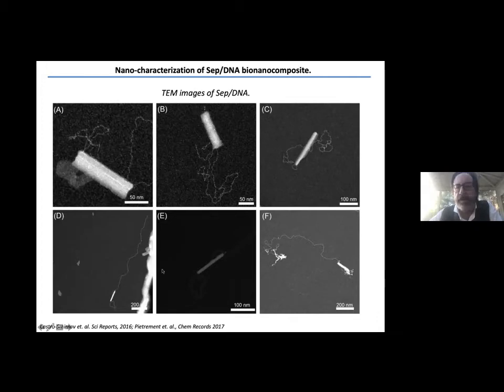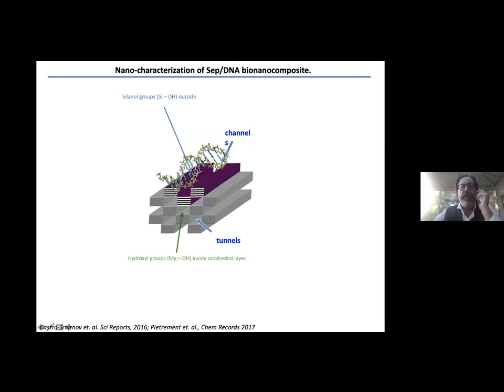To make a long story short, we found that DNA interacts with sepiolite on the channels, not in the tunnels, through the silanol groups, and this needs cations. This interaction can be displaced by adding chelators of cations such as EDTA and so on. So you can bind the DNA on sepiolite, and then the DNA can be removed from the sepiolite.